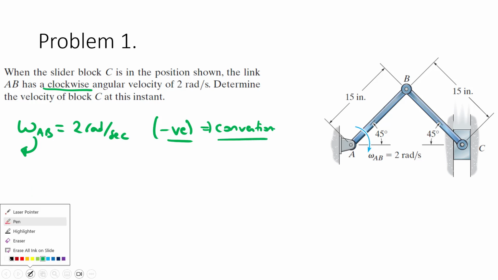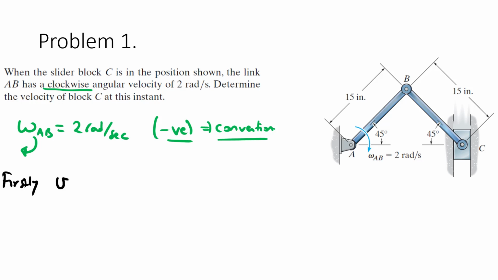We will first find the velocity of B with respect to A, then the velocity of C with respect to B. The reason is that A doesn't have velocity, it is 0. Therefore, it is easier to find B, and then similarly, if we find B, we can find the velocity at point C.